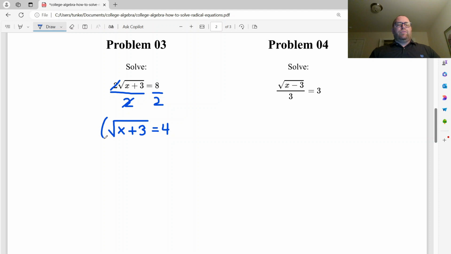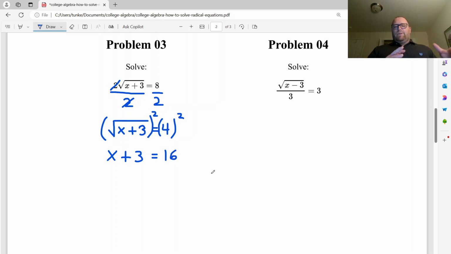We want to get rid of the square root, so we've got to square this side. And that means we also have to square this side. So on this side, when we square the square root, we get rid of the square root, and we have x plus 3. On this side, we have 4 times 4, which is 16.